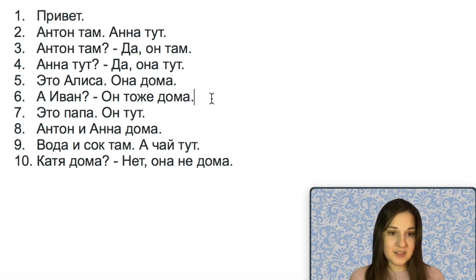А Иван? Он тоже дома. Это папа, он тут. Антон и Анна дома. Вода и сок там, а чай тут. Катя дома? Нет, она не дома. Okay, I hope everything is clear.